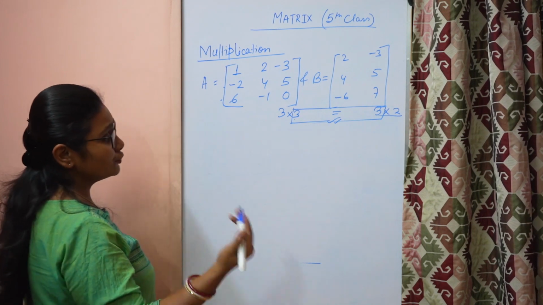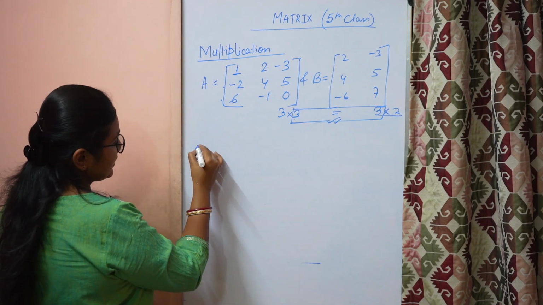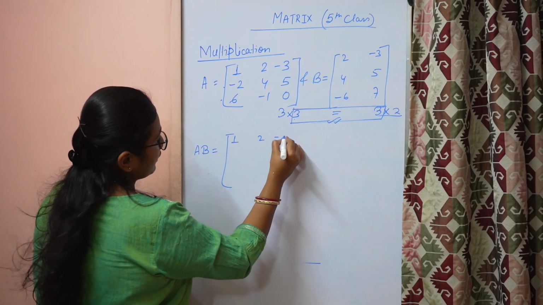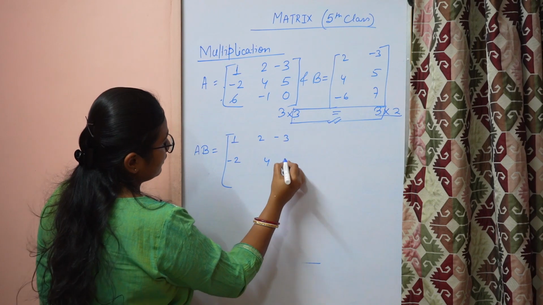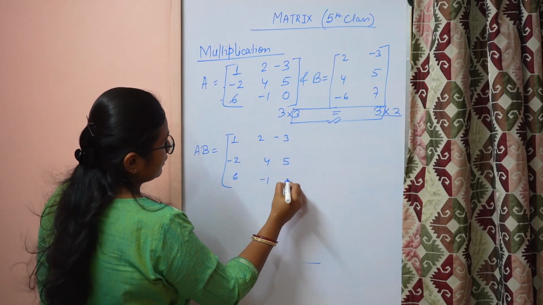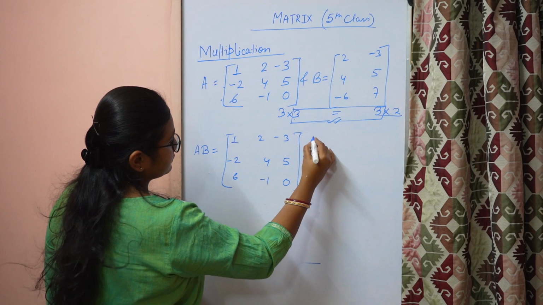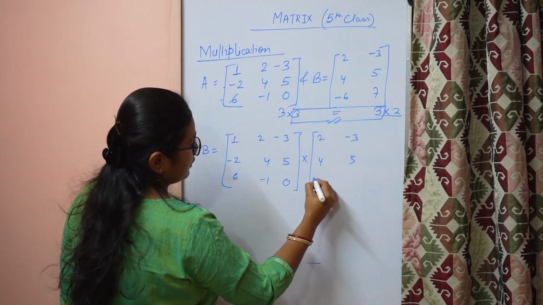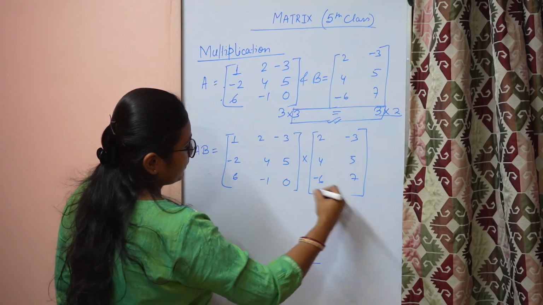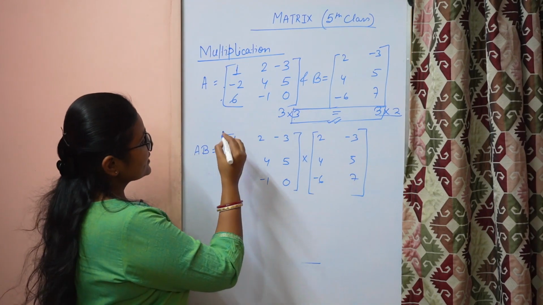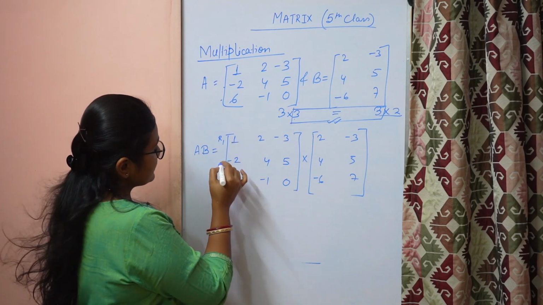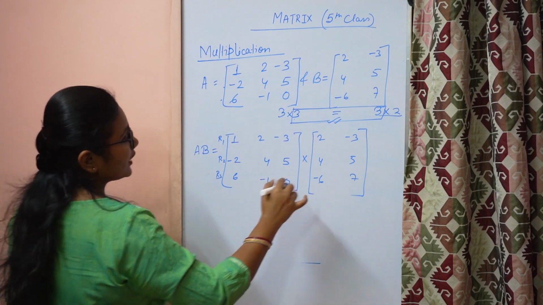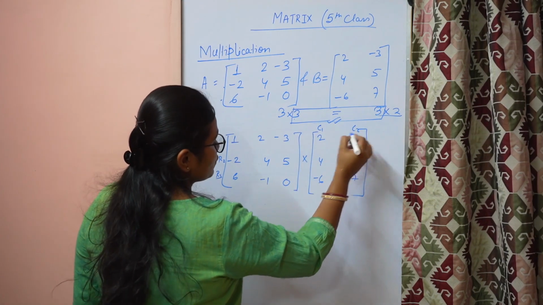Now how will we do the multiplication? This is the question. First note down the matrices again. Now I am marking the rows of the first matrix R1, R2, R3, and the columns of matrix B, C1 and C2.